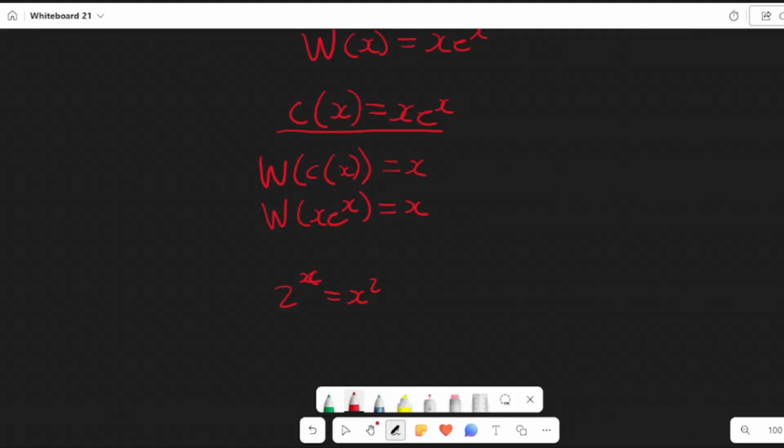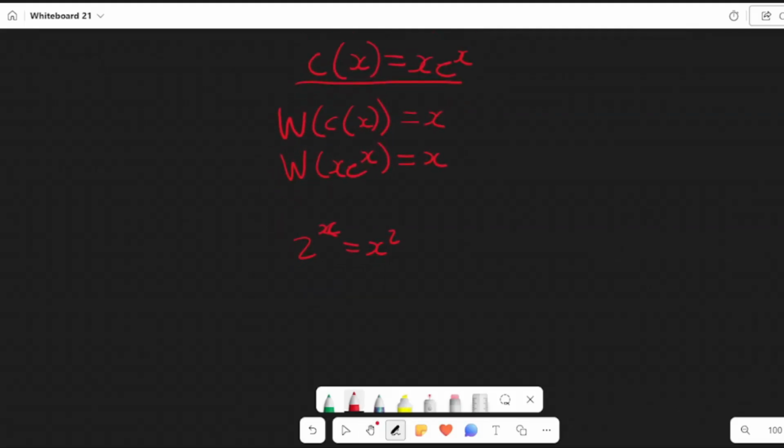It's simply because out of the tools that we have, we cannot simplify this equation to the point where we have a clear value for x. So in this case, we are actually forced to use the Lambert W function to solve it, I guess you can say, in an algebraic way.